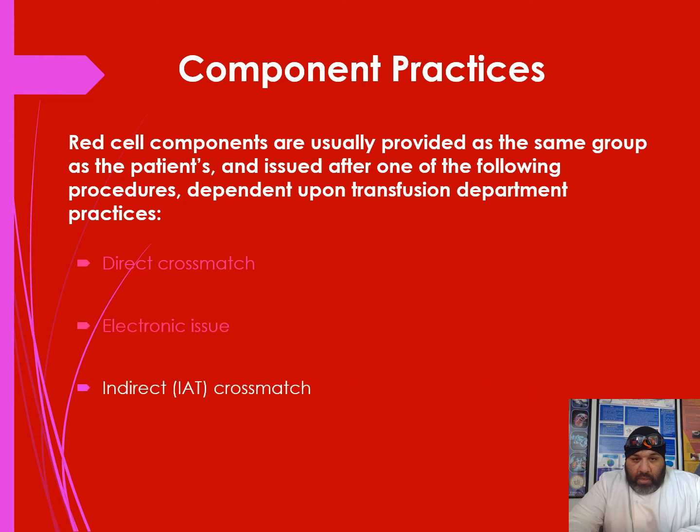Then there's indirect cross match, or what's known as an IAT method. Normally, it's one way to rule out any particular antibodies by doing what's known as a small antibody screen.